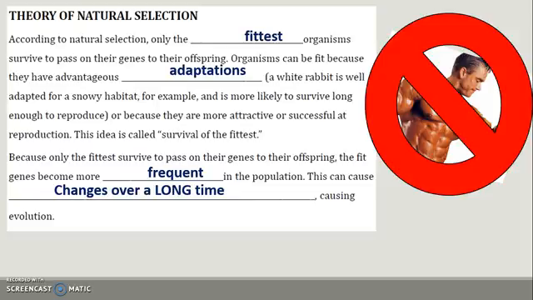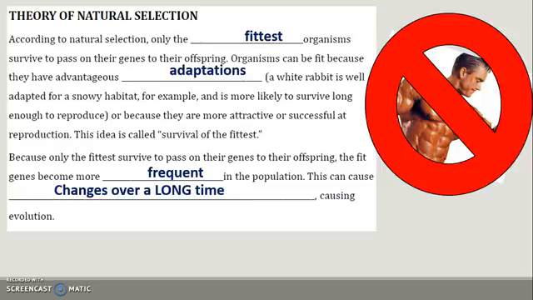For example, a white rabbit is well adapted for a snowy habitat, better than a brown rabbit, because it can blend in, so its chances of surviving are higher. It's also more likely to pass on its genes to its offspring, and so it is good for reproduction.